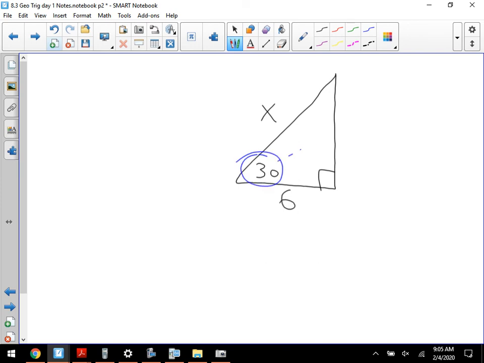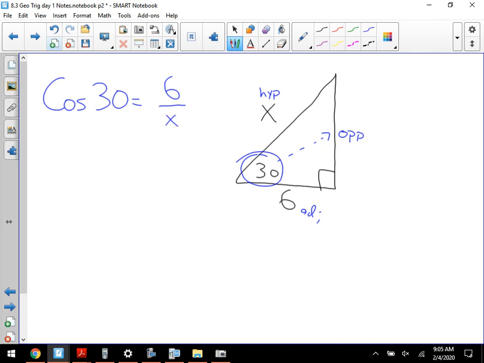Draw to the opposite, label the hypotenuse, get an adjacent. Now in this scenario, what trig function would you use? Very good, you're going to use cosine. So you would write cosine of our angle, which is 30, is our adjacent 6 over x.